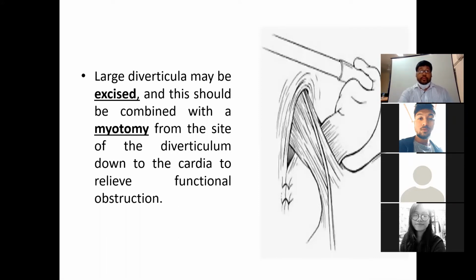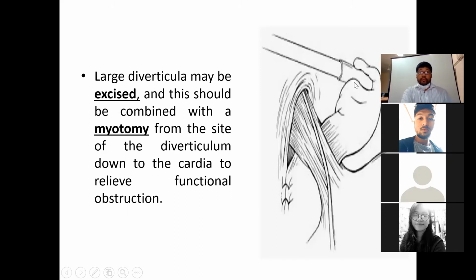For a large diverticulum, we have to dissect through the hiatus. Here we can see this is the hiatus, and the diverticulum is somewhere inside the thorax. It has been dissected out, myotomy is performed, and now from the thorax it has come out to the abdominal cavity.